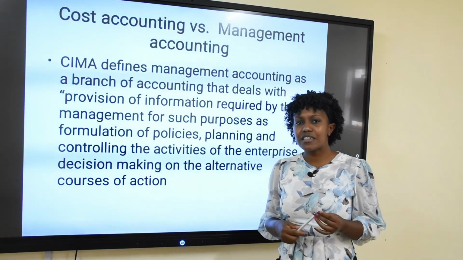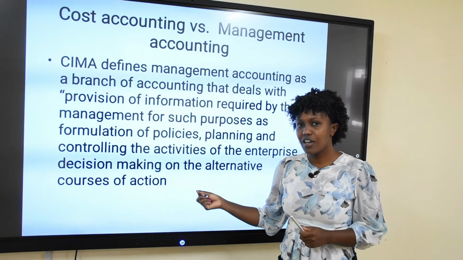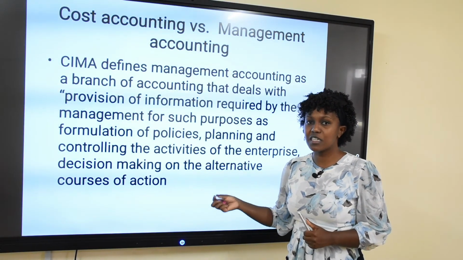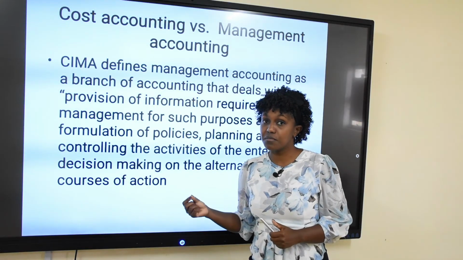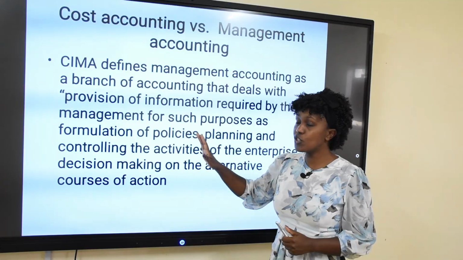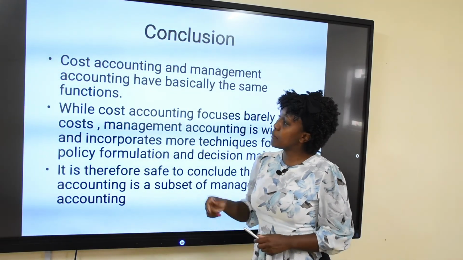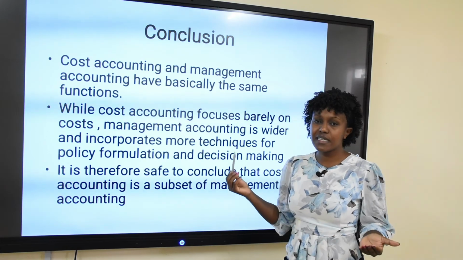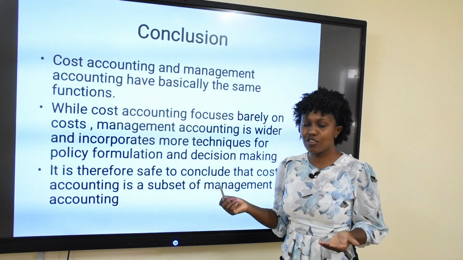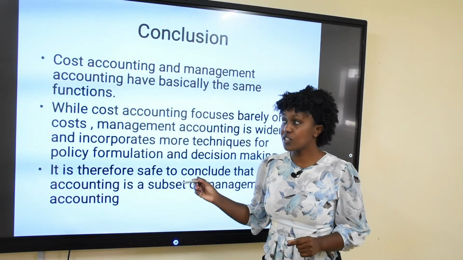Now, this is quite interesting because if you read through this definition, you are going to see that a lot of these items have also been mentioned as the purpose of cost accounting. And what I'm leading to is the conclusion that cost accounting and management accounting have basically almost the same functions.